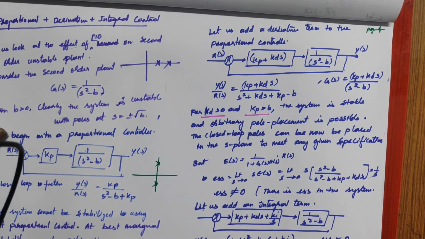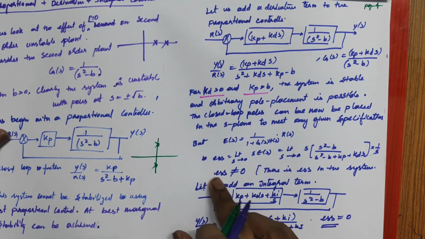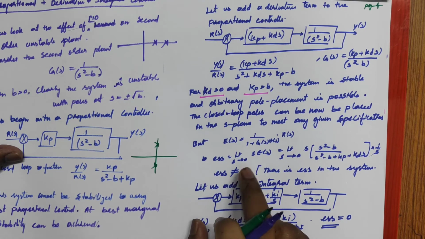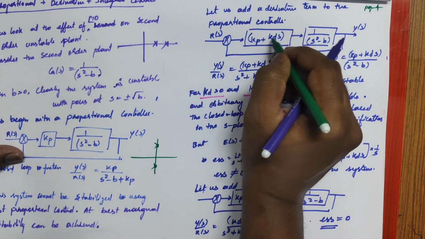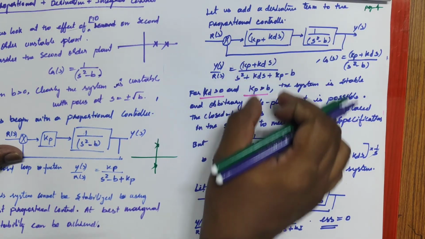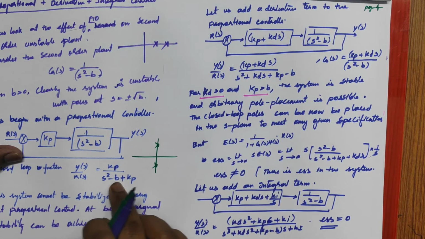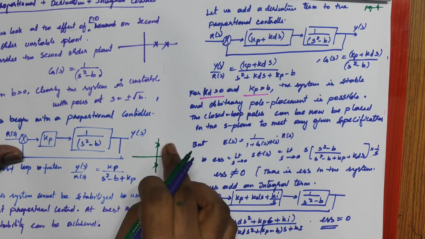Now if you see the steady state error, it is not equal to 0. Adding a proportional term will give stability, and adding a derivative will improve the transient response, because here there are poles only on the imaginary axis, so there are only oscillations.